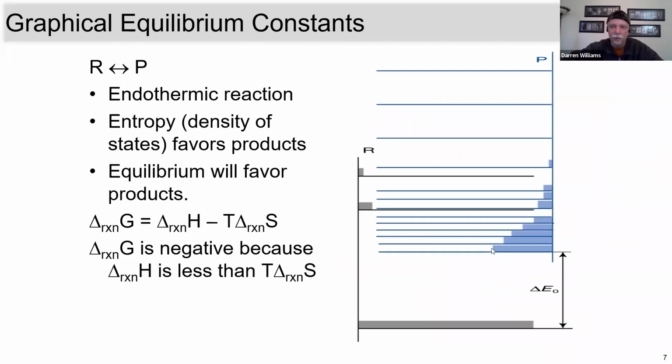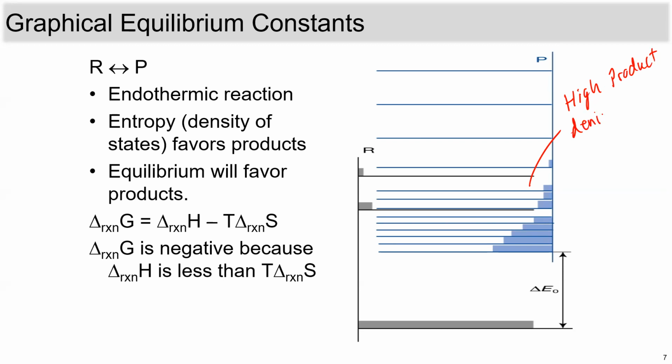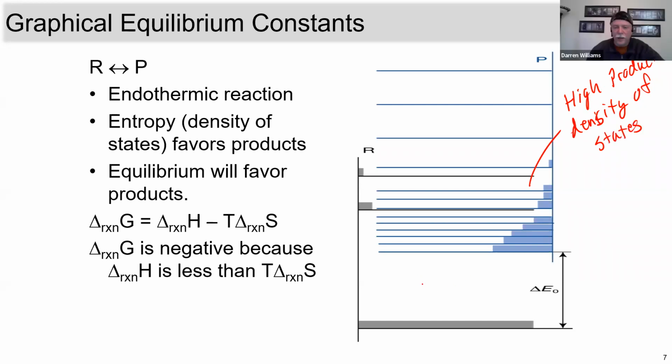Okay, let's look at a situation where we have a higher density of states in the products. And if we number these from largest to smallest, we have 1, and then the products is 2, 3, 4, 5, 6, and then we get to a reactant one, 7, and then 8, 9, 10, and then 11, and then 12.